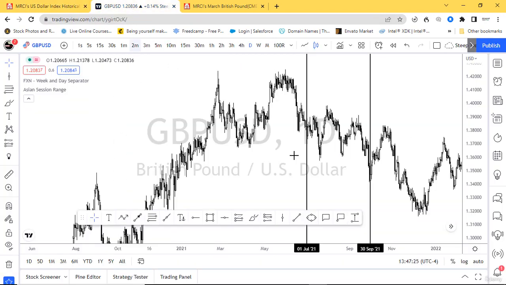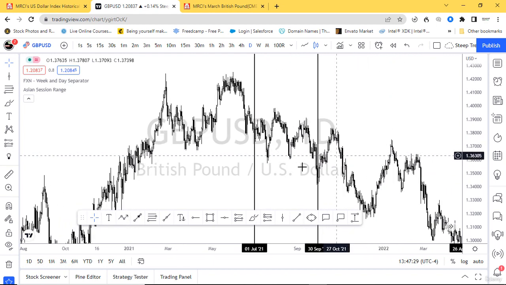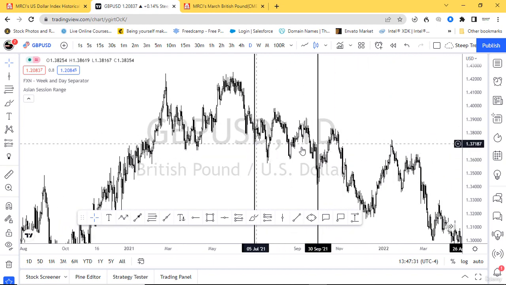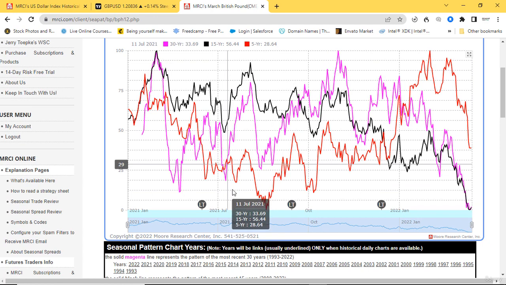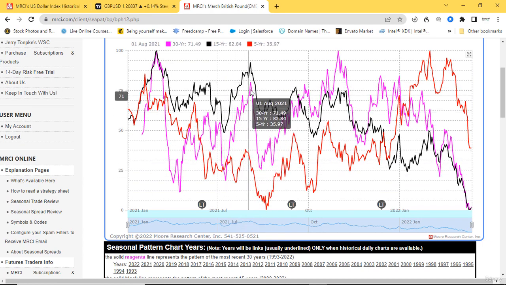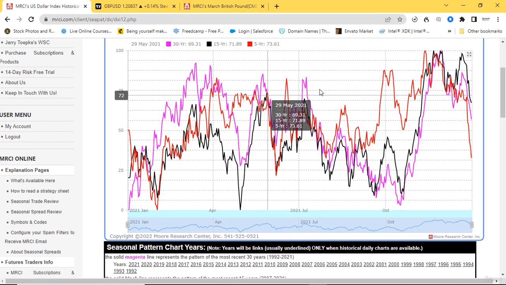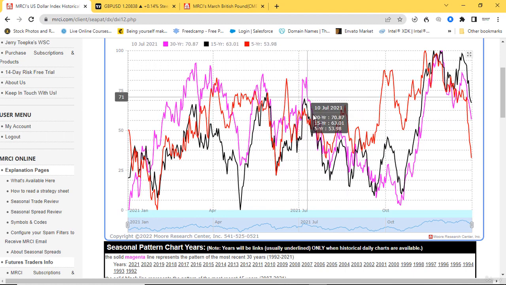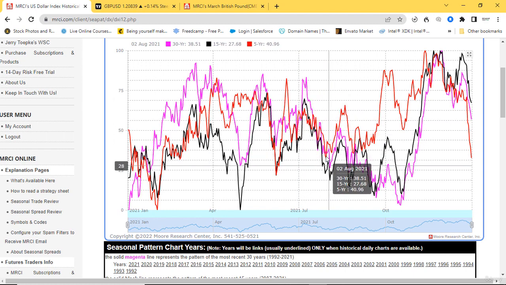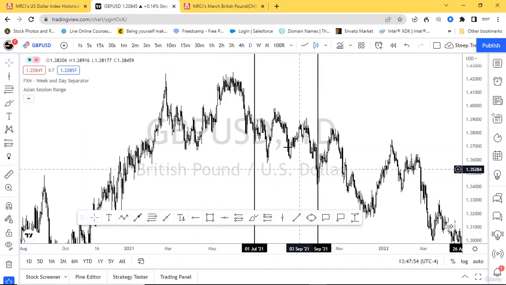So let's pay attention now to the month of July. If it was a clear buy opportunity here and a clear selling opportunity here, then that means that the US dollar would be getting weaker while the pound is stronger. Let's see what happened during that particular time.